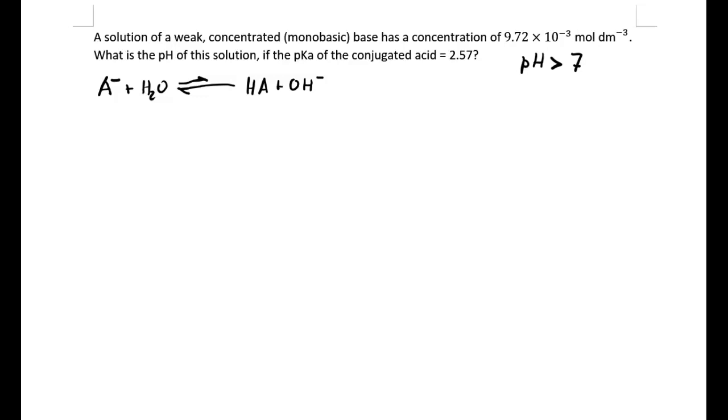Now, we can actually formulate an equilibrium for that. So the equilibrium for the base would be the concentration of the hydroxide times the concentration of the acid, once the equilibrium has established itself, divided by the concentration of the base that's left.